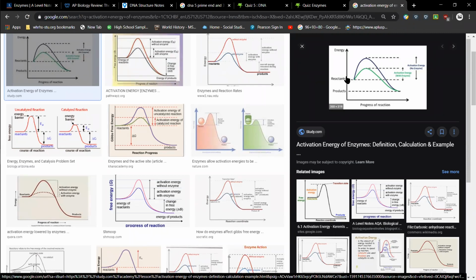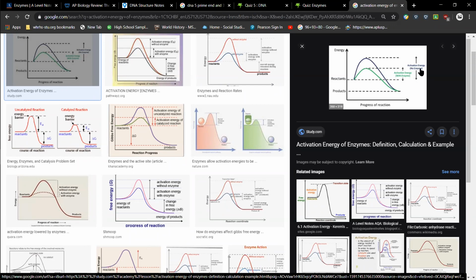You can see that the energy is on the y-axis and the time is on the x-axis. So the energy required to start the reaction is called the activation energy. If I wanted to turn glucose into fructose, I would need a certain amount of energy to do so. If I don't have that energy, then the reaction can't occur.